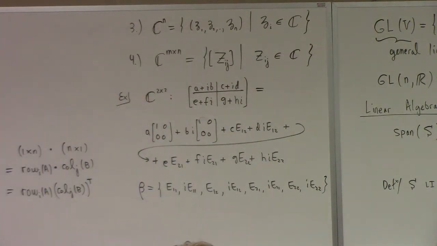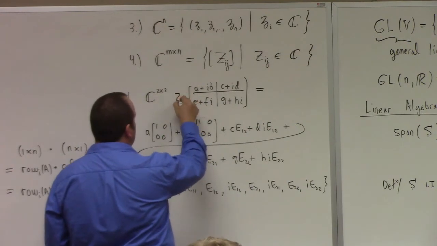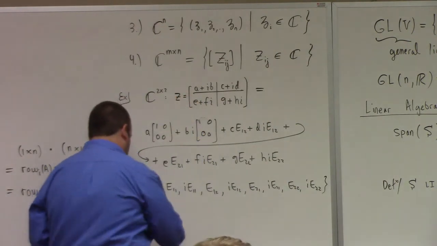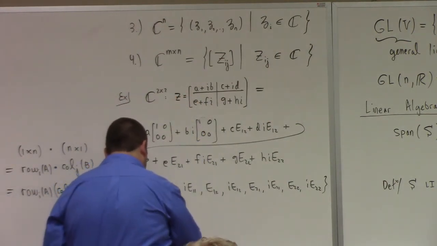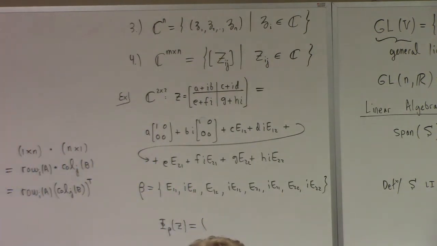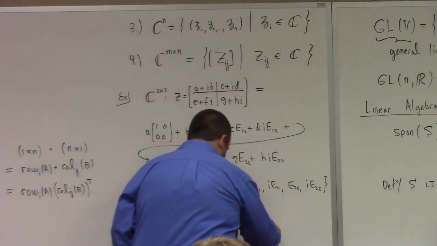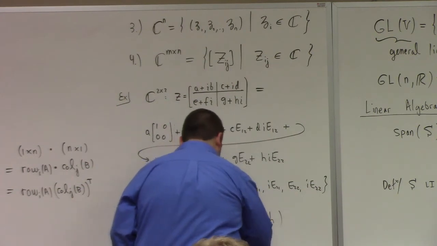If I use that as the basis for complex 2 by 2 matrices, what's the coordinate vector of my matrix? Let me call this thing Z. What's phi beta of Z with my setup here? Oh yeah, sorry, it's kind of boring: A, B, C, D, E, F, G, H. It's almost like I planned that.